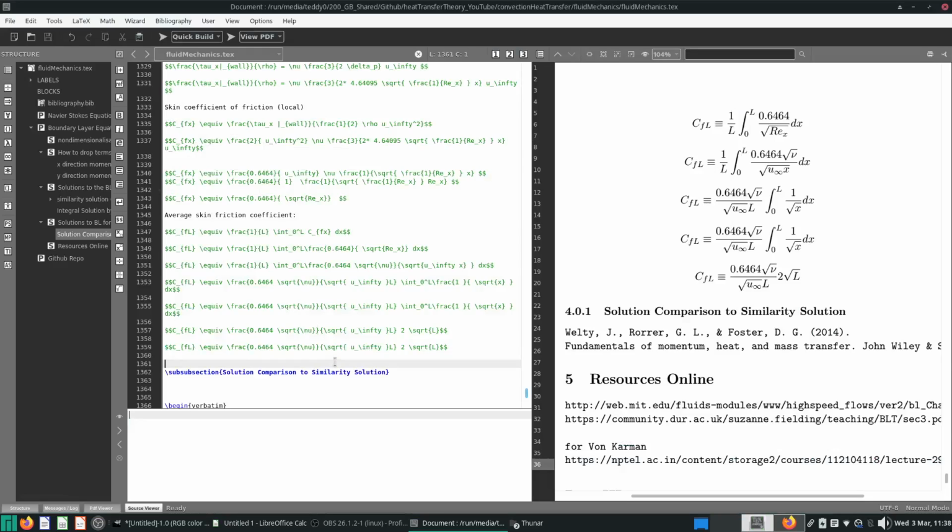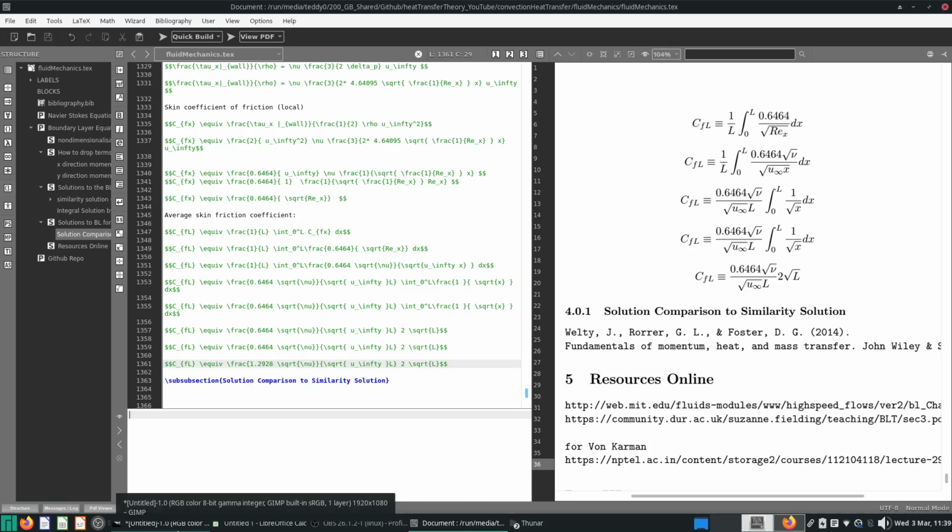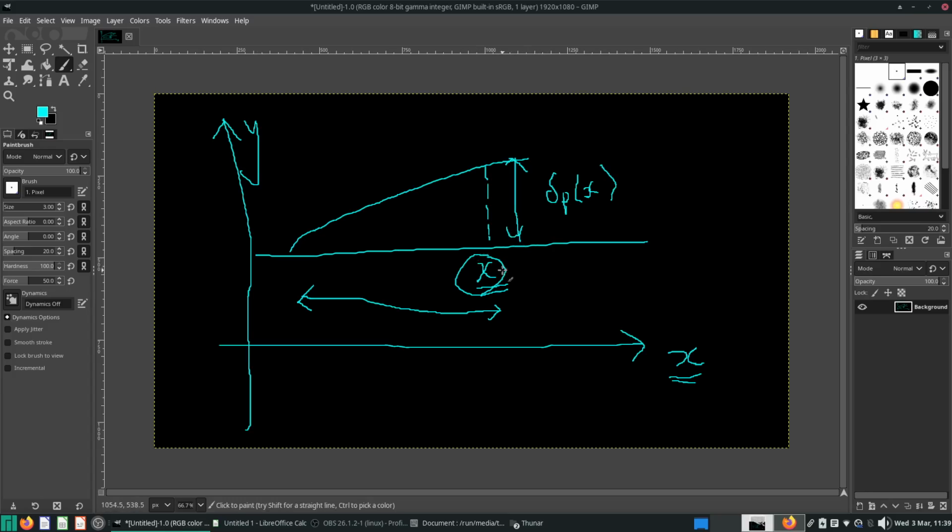Let's put 1.2928. Let's bring this L in. Because, conceptually speaking, x is just a point over here, but with L, you're measuring this whole length.